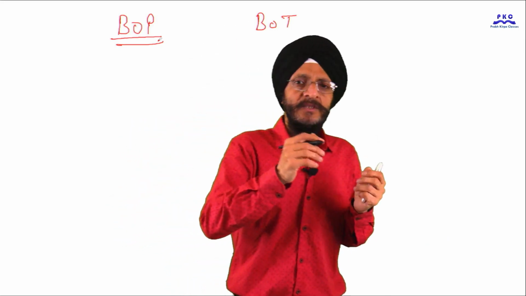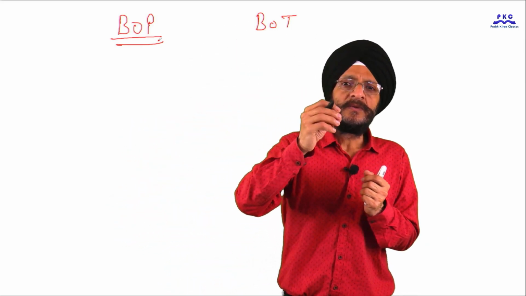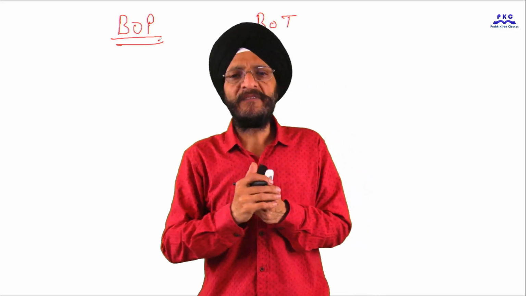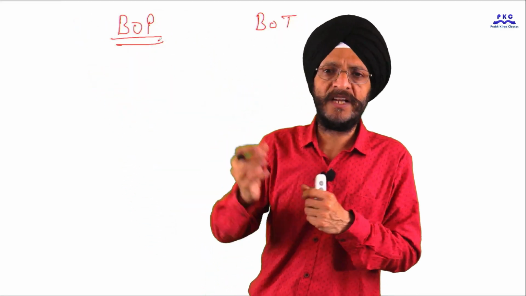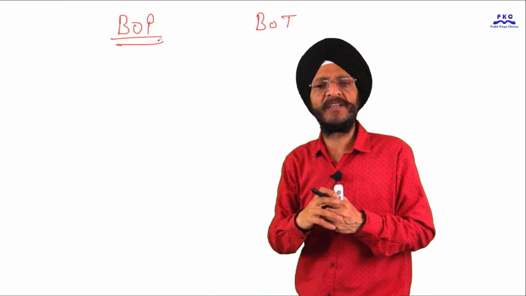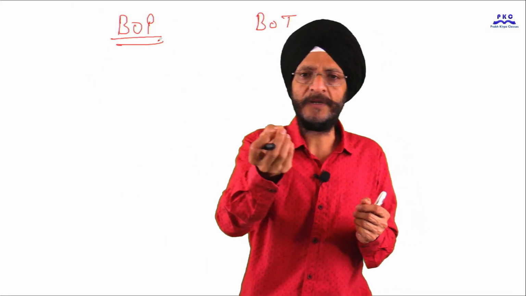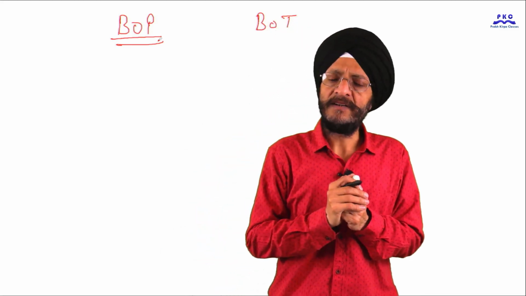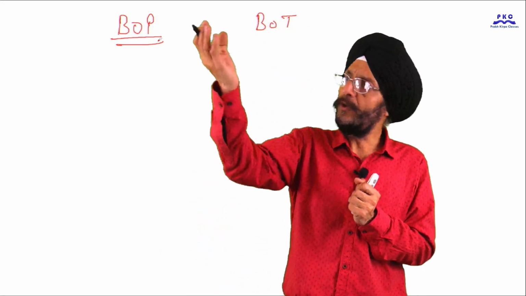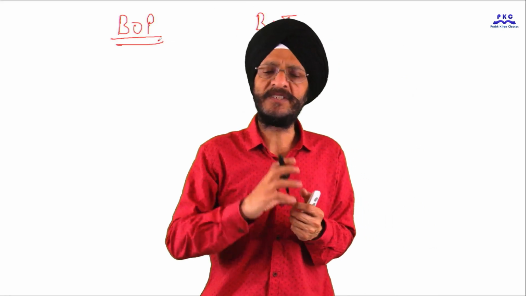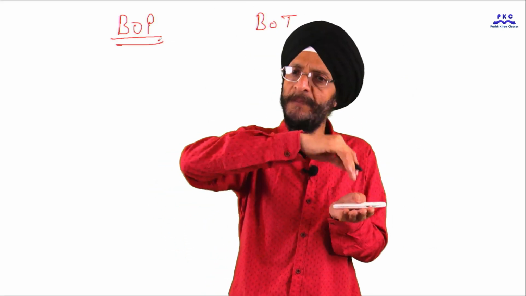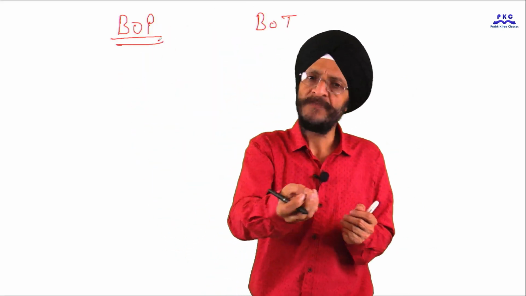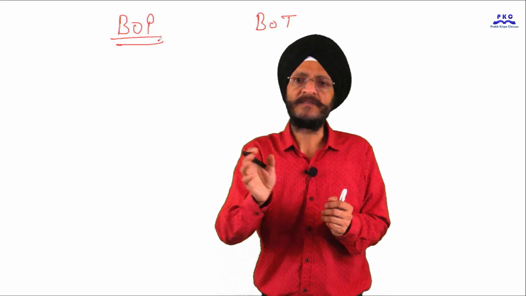Then we may be having certain investments in foreign countries, and from them we may be receiving certain incomes in the form of dividend, profit, interest. And at the same time, foreign investors may be having certain investments in our country, and they may be receiving payment from us in the form of dividend, interest, profit.